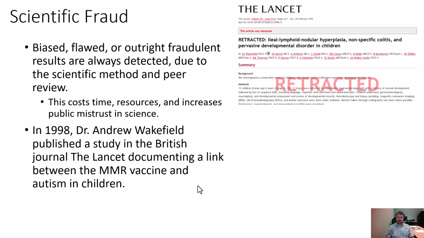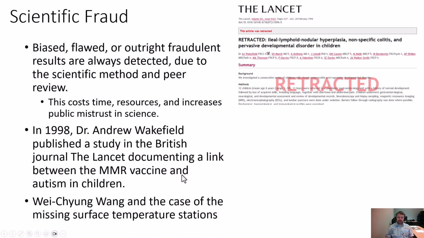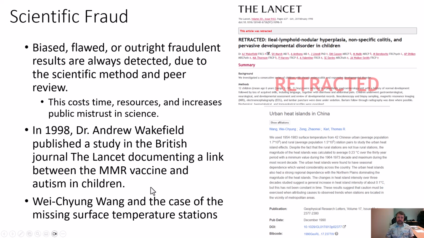There are many people that will not vaccinate their children because they believe the link that was put forth between MMR vaccines and autism in children, even though it's been retracted, refuted, and there's no scientific evidence that this is true.